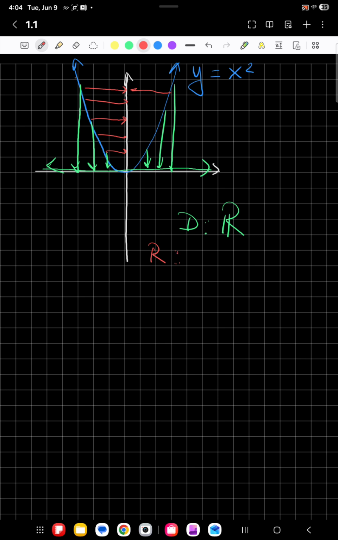So range will be, maybe we could write it like this, interval notation, from 0 to positive infinity. We can also write it like this: y is greater than or equal to 0. There are a couple other ways we could write it. But any of those two will work.